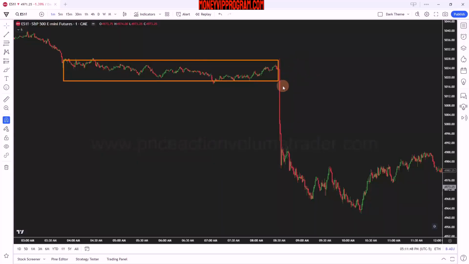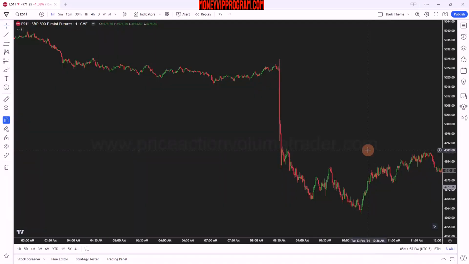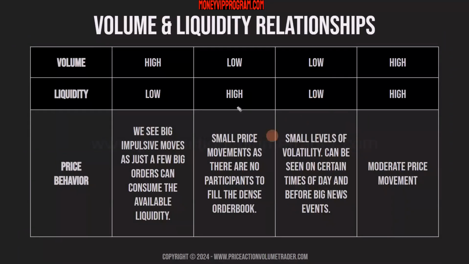Once the news hits, this is when we see a huge infusion of volume, and that brings us into the first market condition we have here, which is high volume, which causes big volatility. And then eventually, once liquidity starts coming back into the book, once market makers and big traders start putting orders in the order book again, the market conditions are going to regulate.